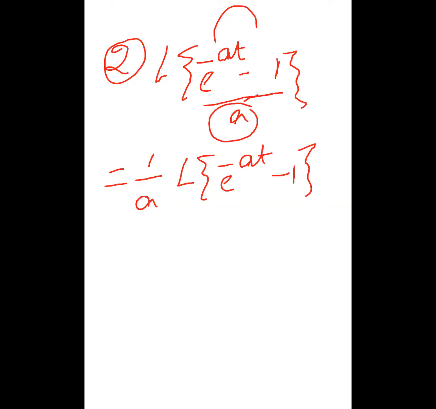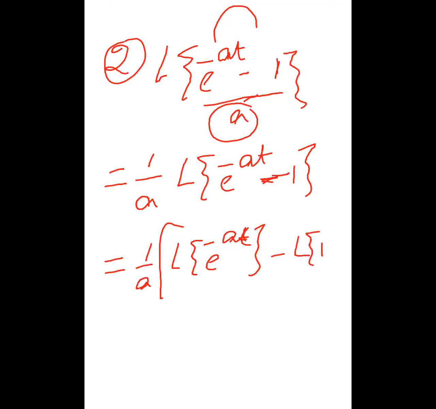Here e power minus at and 1 have a minus between them. So to separate, the Laplace of the first function is L of e power minus at, the common combination is minus, and the L of the second function is 1.